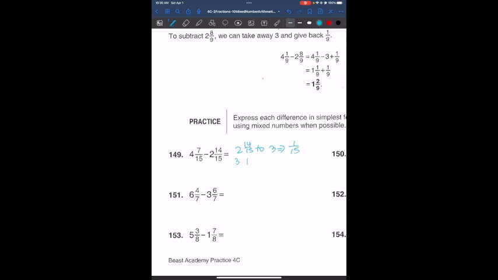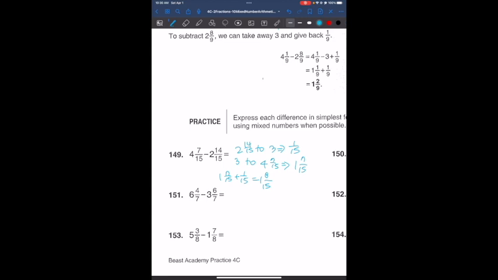And then from 3 to 4 and 7 over 15, we need to add 1 and 7 over 15. And so combined, that would be 1 and 8 over 15.